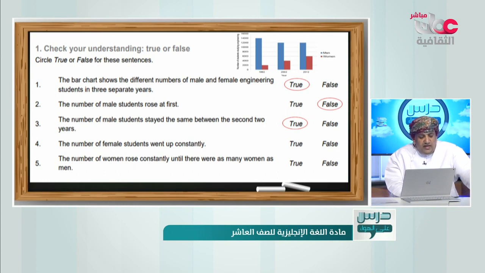Yes, it's true. The number of female students went up constantly. Yes. The number of women rose consistently until there were as many women as men. No, because here we have 2,000 or 4,000, and here we have 14,000.